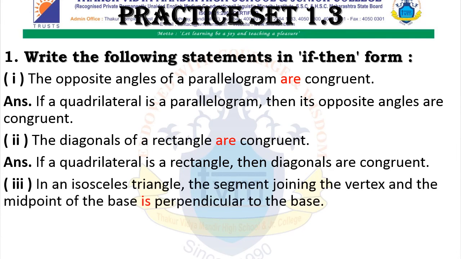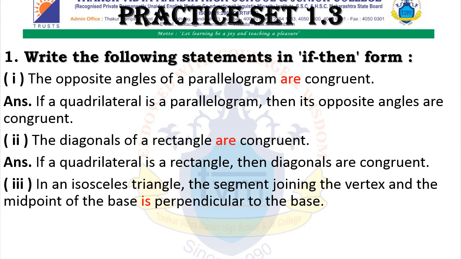Now here we have question number 3. In an isosceles triangle, the segment joining the vertex and the midpoint of the base is perpendicular to the base. You can see that this statement also contains one helping verb, that is is. So whatever is there after the word is is the consequent. So perpendicular to the base is the consequent. But what is perpendicular in this?